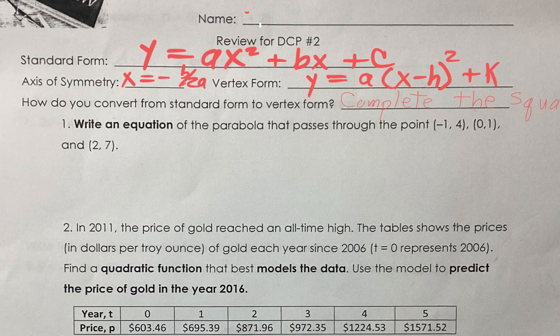All right, let's see. Question number 1. Write an equation of the parabola that passes through the points (-1, 4), (0, 1), and (2, 7). Okay, so we want a parabola, so we know this is a quadratic, not a linear. Best way to do this, use Desmos.